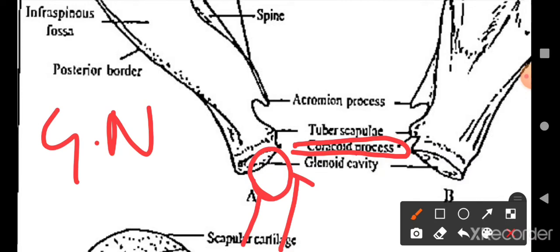This glenoid notch is on the medial side in the scapula of the horse, and above the glenoid cavity, to the lateral side, there is a small tuber known as the tuber scapulae. And to the medial side of the tuber scapulae, a small bony process is there, known as the coracoid process.